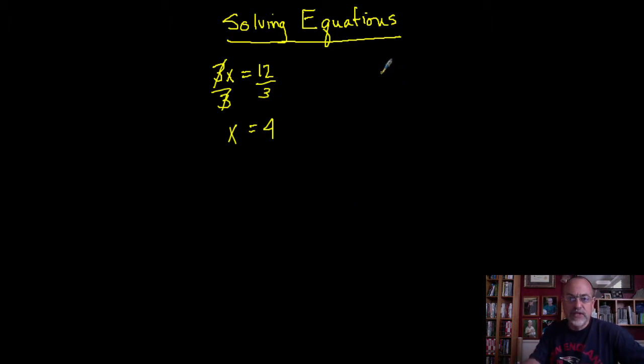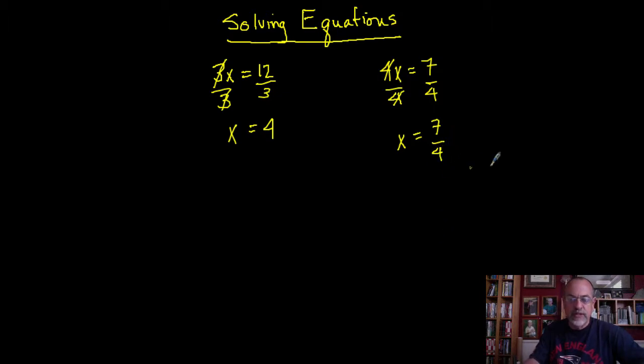What becomes challenging is if we get this letter by itself and we have a number over here that's not divisible evenly. We still divide by that coefficient as our last step. This side divides evenly because we're dividing by that coefficient, and this side doesn't, and so we end up with this fraction.